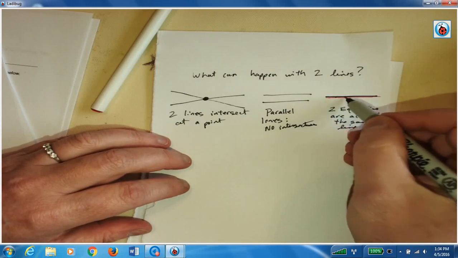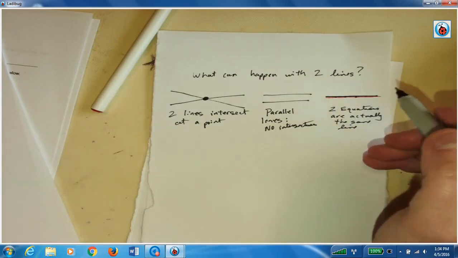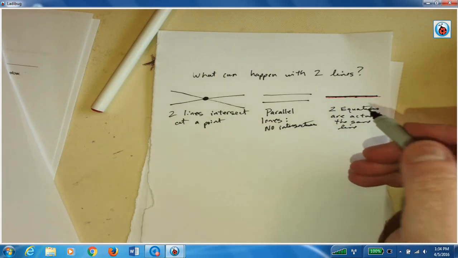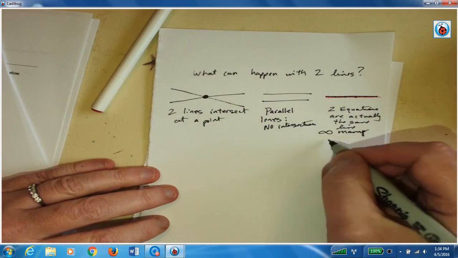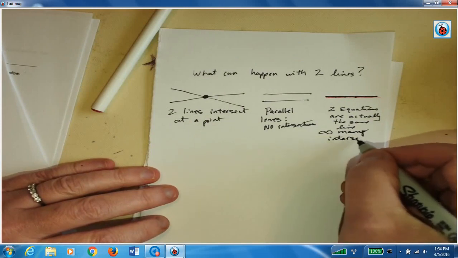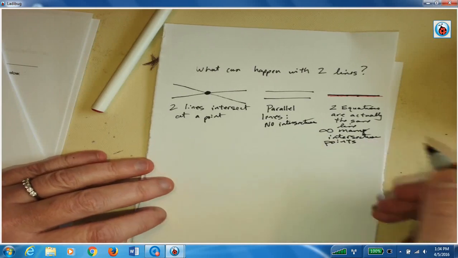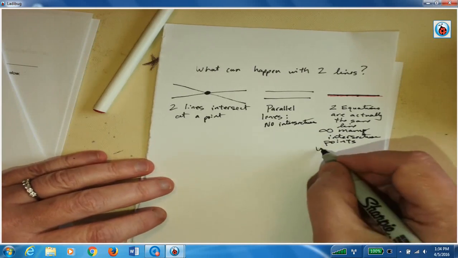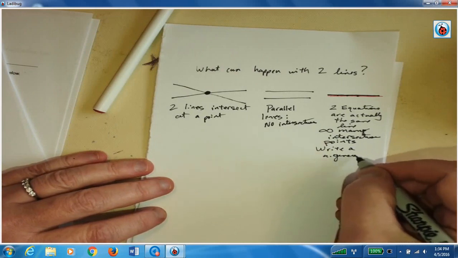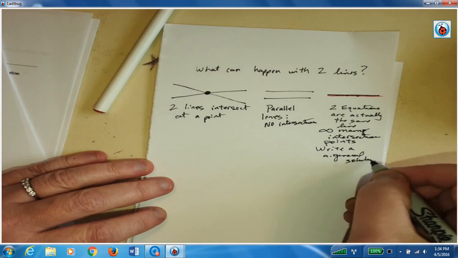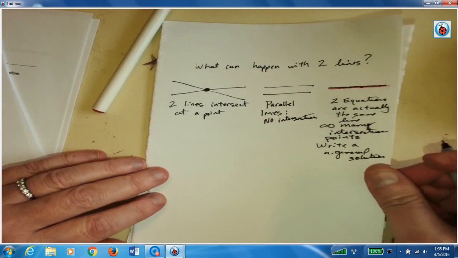Well, all of them. And how many will this be on a line? Well, we'll have infinitely many intersection points. Now, if that's the case, then we have to write a general solution, and we'll see how to do that in examples.